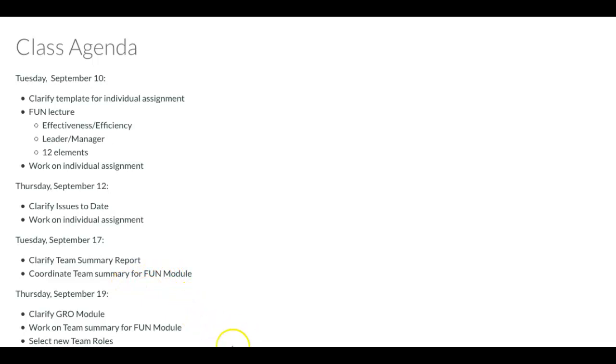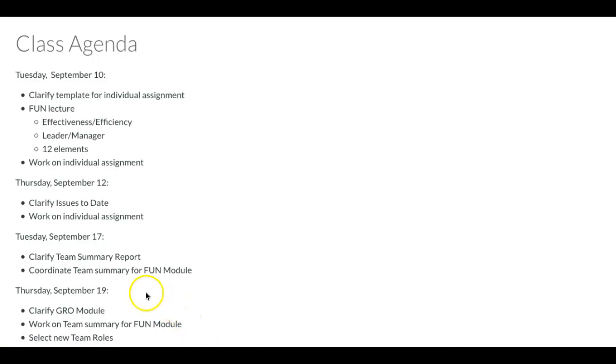And then on Thursday, I'm going to clarify the upcoming group module and let you finish off your team summary reports, and you'll be selecting new team roles within your teams during that class.